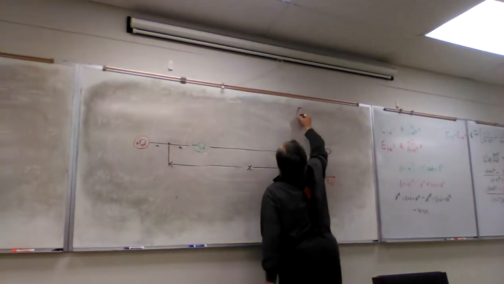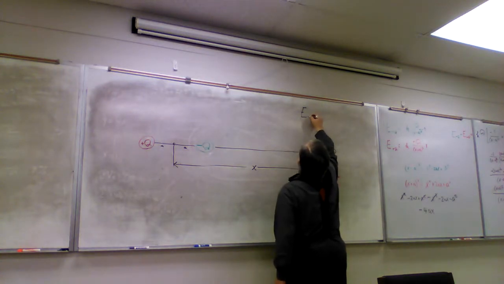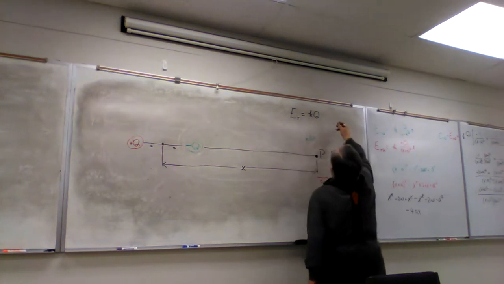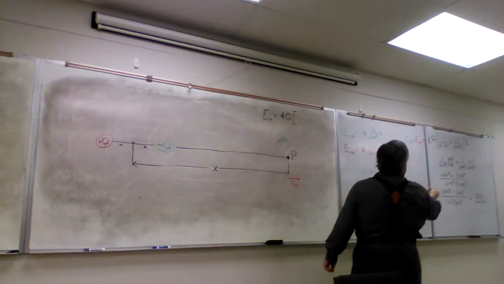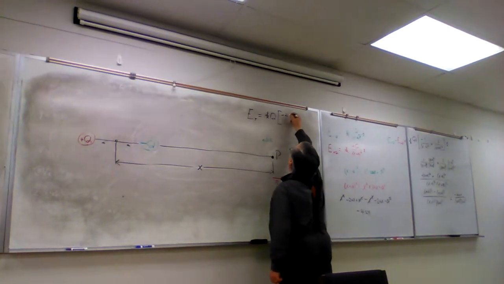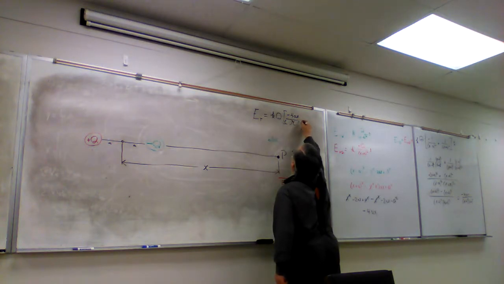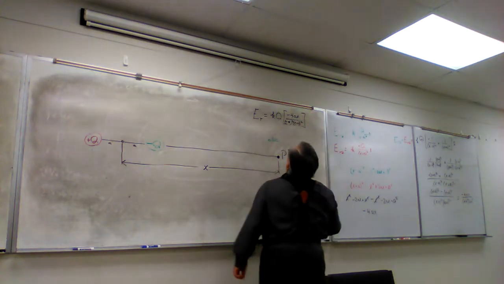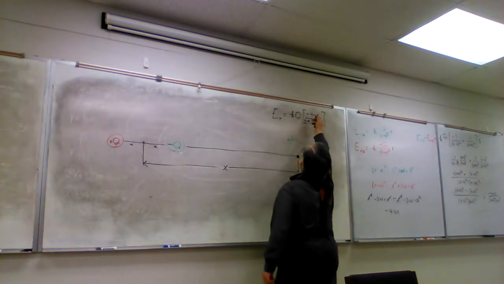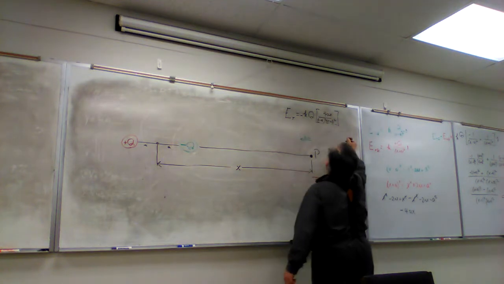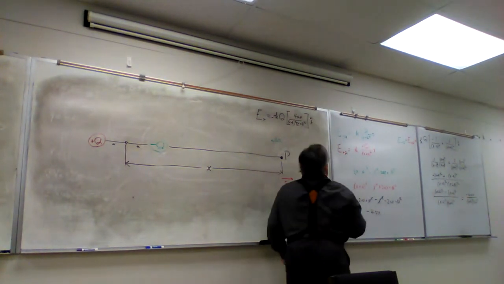So my total E field is equal to k times Q times minus 4ax over... factor out that minus sign, put it out here, multiply the whole thing by i.